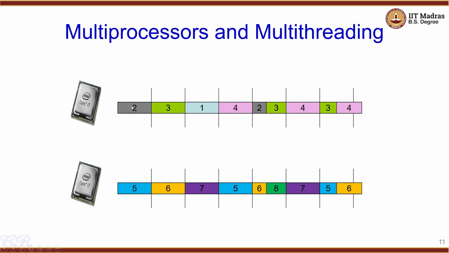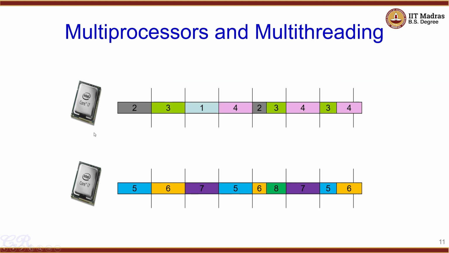So you have app 2 and app 5 running in parallel. There's a new time slice that starts at this particular instant, and then you have two other programs that are executing. And the OS should be able to efficiently handle such scenarios as well.